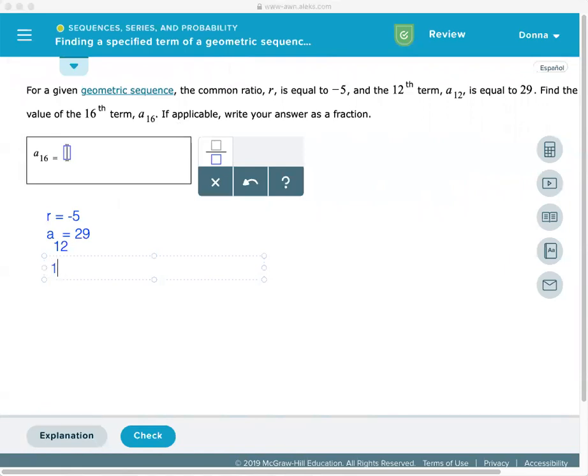A sub 12 is equal to A1 times the common ratio raised to the 12 minus 1. And so when we raise that to the 12 minus 1, that's going to give us an 11.